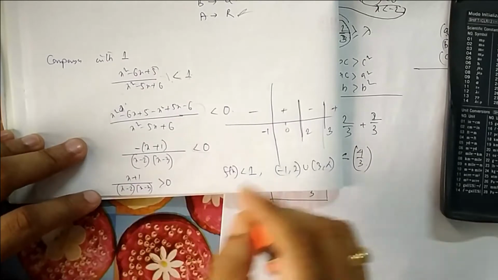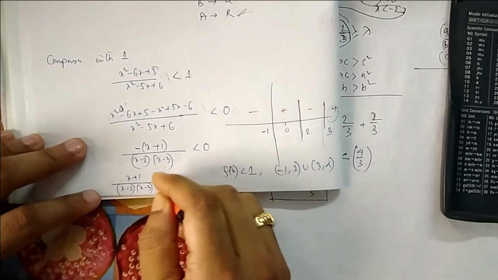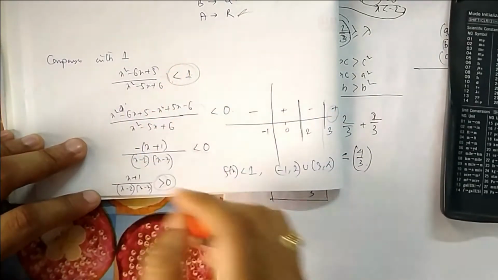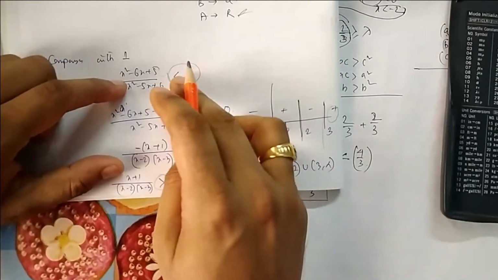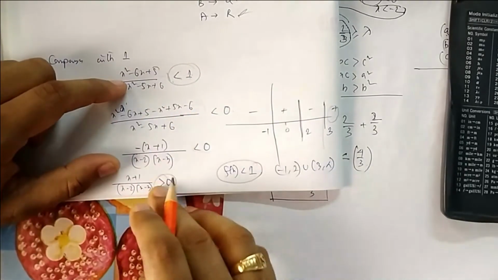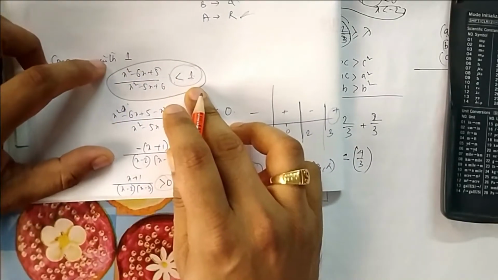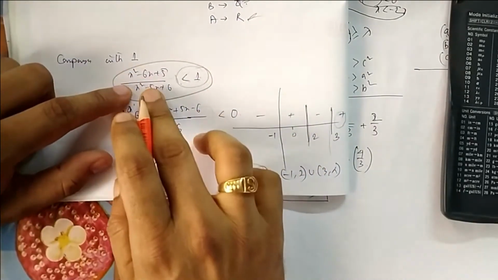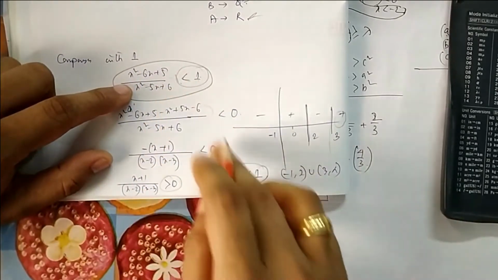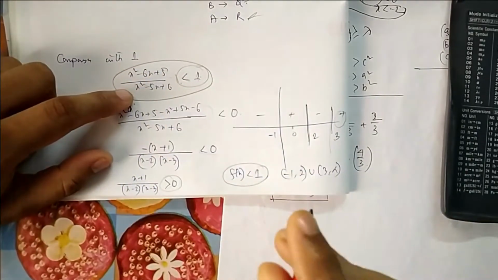So I need positive, positive means this one. This positive means the function is less than 1. That means f(x) is less than 1 because I have put that 1 to this side, after that it becomes positive. But the original starting point was, for what purpose I started: at what values this is less than 1. So whatever answer I am getting, the expression is less than 1 at that position.